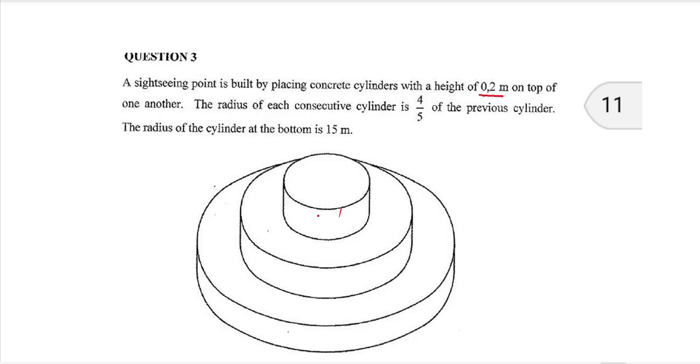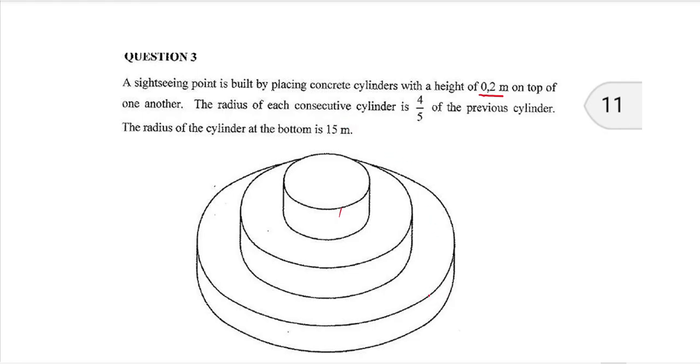We have 0,2 here. We also have 0,2 here. Do you get me? And then the radius of each consecutive cylinder is 4/5 of the previous cylinder. The radius of the cylinder on the bottom is 15 meters.